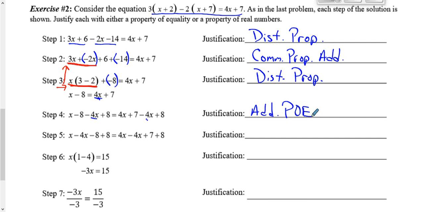So now they went from step 4 to step 5. Take a look at it. Tell me what property would justify that. Look how things changed between step 4 and step 5. It's usually a step that we don't do, right? What is the property? What did they use here? Commutative, associative, distributive, addition POE, multiplication POE. Look at the difference between step 4 and step 5.